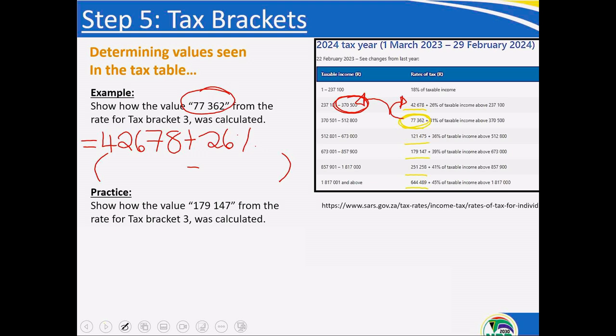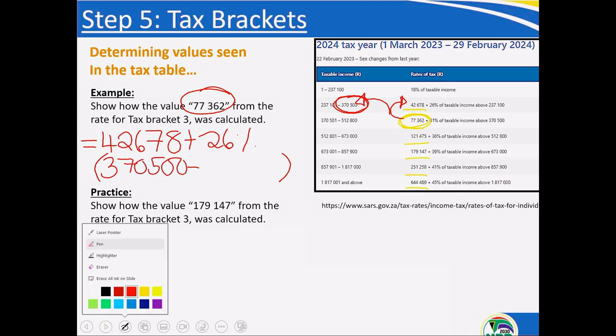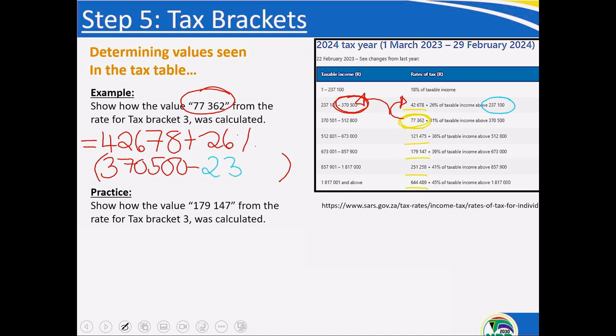So you would say 370,500 minus the last value, and that should give you the 77,362. Take a moment, put this calculation into your calculator, and double check if you get this answer.